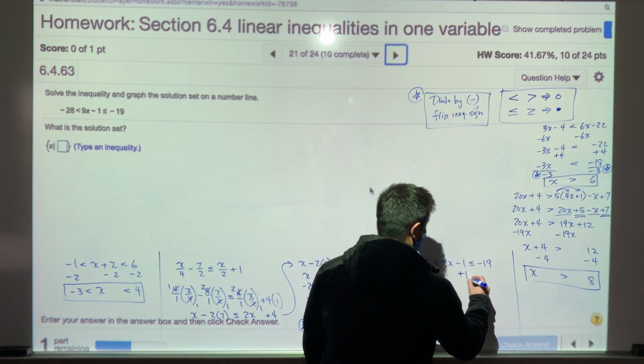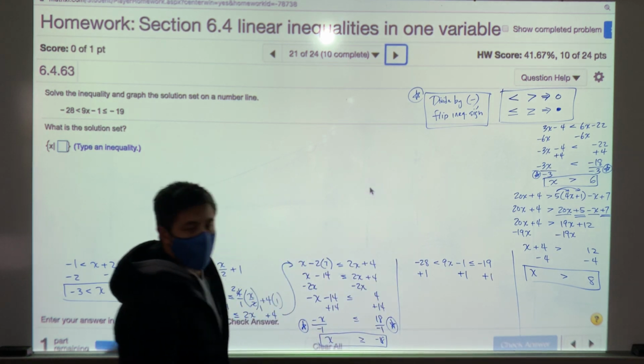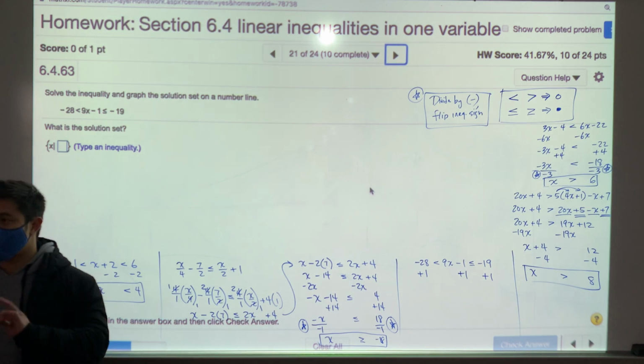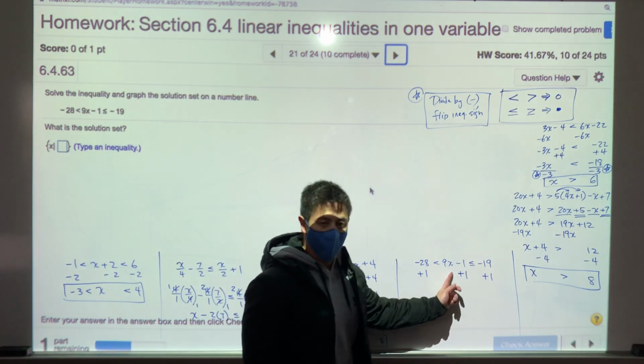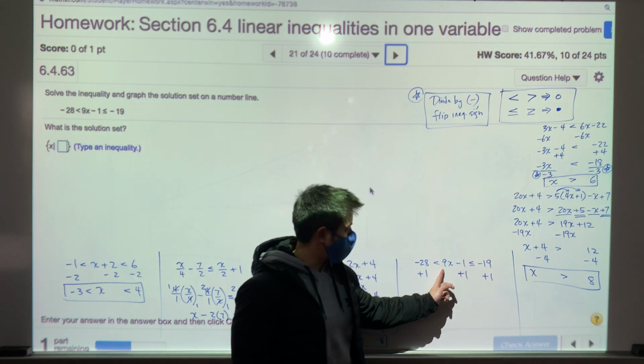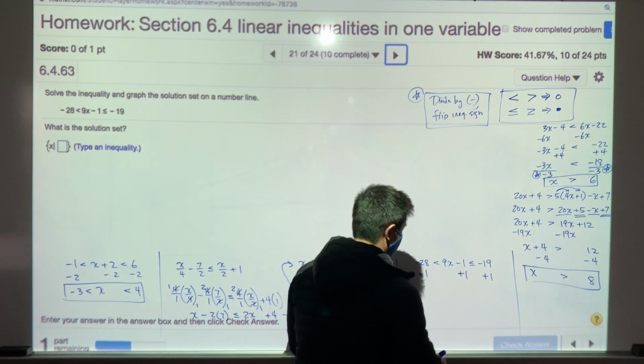You should do the numbers first. So I need to get rid of the numbers in the middle first. Don't get rid of the dividing here, get rid of the subtracted one, the numbers.